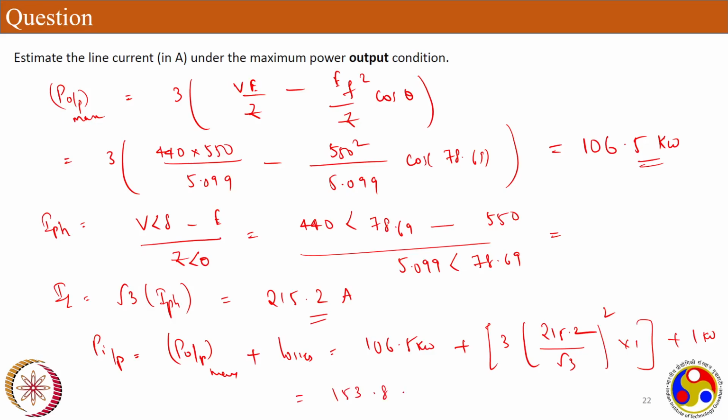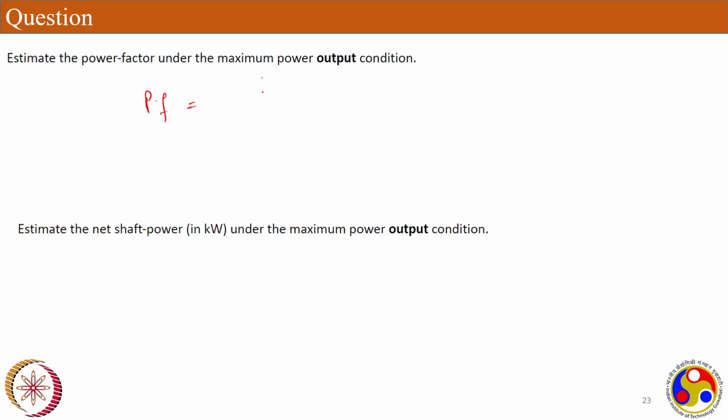Okay. Now you got the total input power. Now I can easily calculate the power factor. Power factor is equal to P input at output max divided by root 3 VL IL. So the input power is 153.8 kilowatt, root 3 into 440 into 215.2.